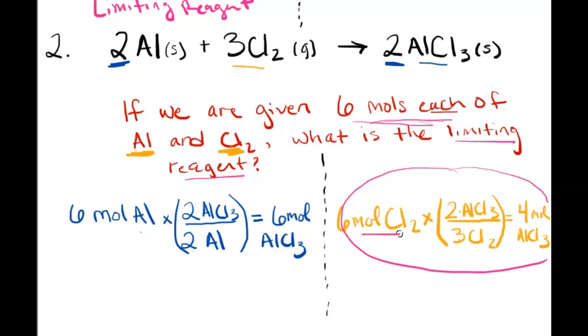So the 6 moles of Cl2 is only going to give us 4 moles of AlCl3, whereas the 6 moles of aluminum solid could get us 6 moles, if we had infinite Cl2, right? If we had more Cl2, we could make up to 6 moles of this with the 6 moles of aluminum. So this is our limiting reagent.